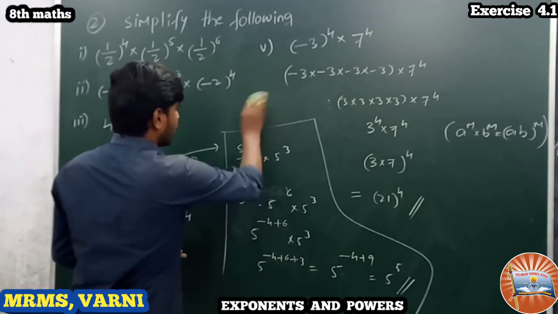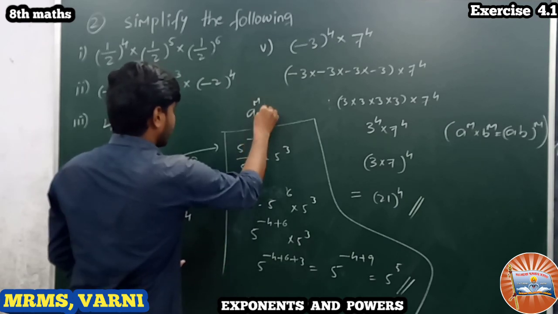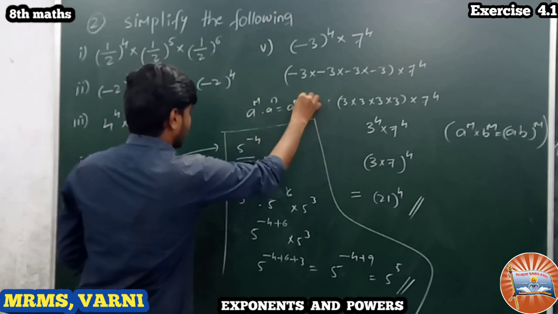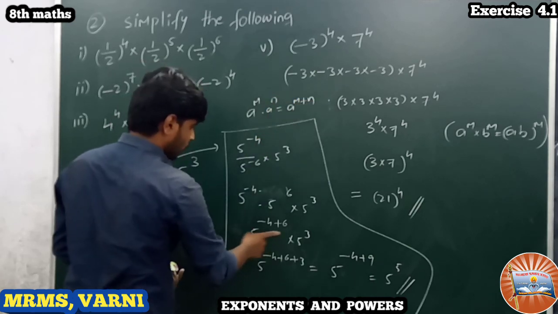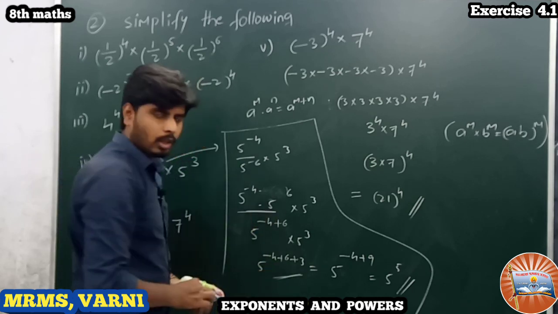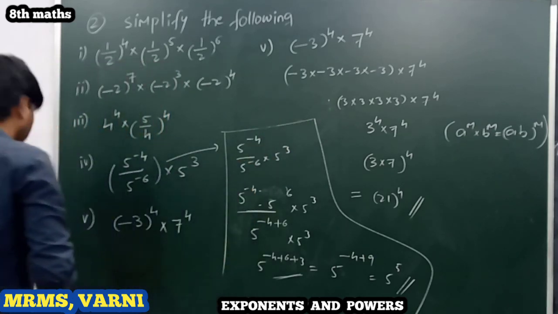And one more formula I have used here: a power m into a power n is equal to a power m plus n. Here itself I have used it, here and here also. Now I think you have got the idea about the fourth problem clearly. Right, write down.